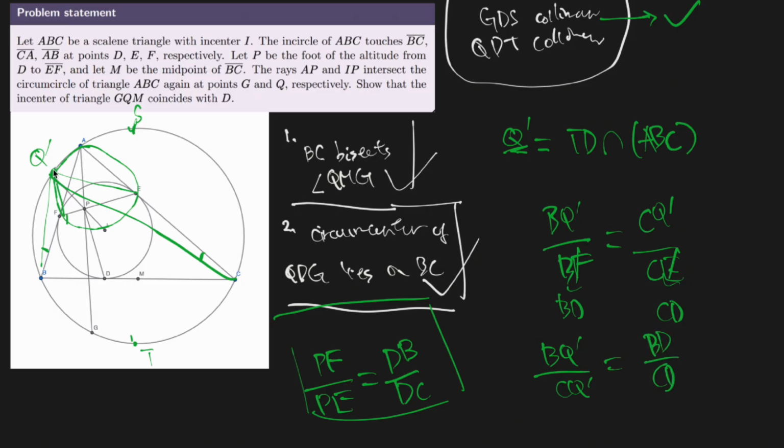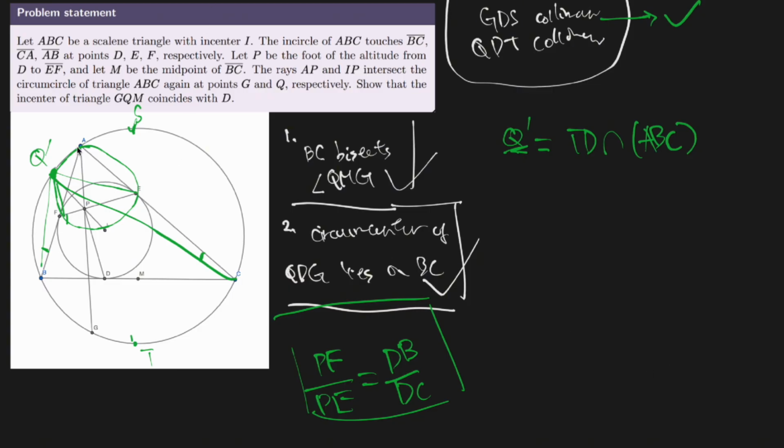But since we defined Q' as the point collinear with D and T, this relation is obviously true, because this is the Apollonian relationship we were just talking about, and it is true because Q'DT is the angle bisector of BQ'C.